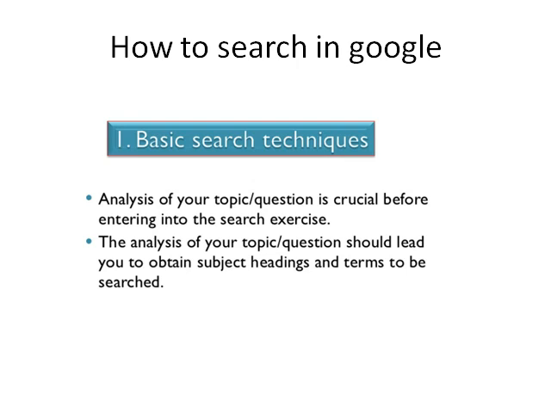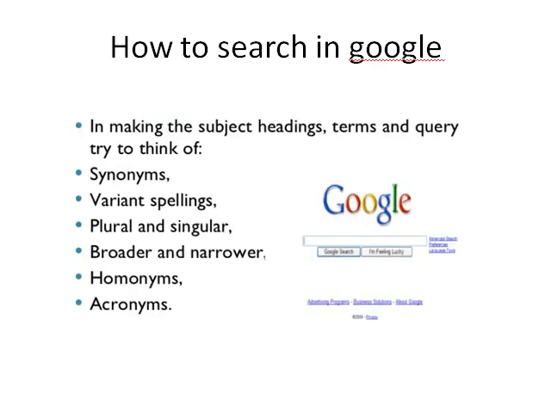Then you find the headings, the keywords, the terms that must be written in the Google toolbar. This is in your mind. You must think about it. You must know about your problem and what you want to do. It is very important.